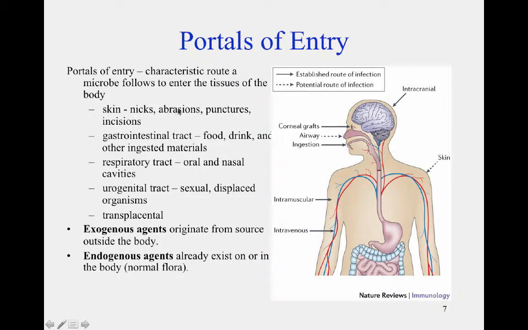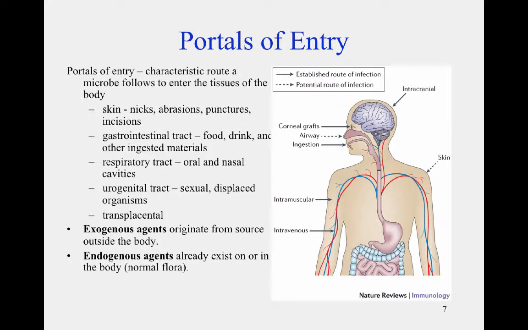So this could be through a cut, a nick, abrasion, puncture, incision. This also could be from food or drink, right, through the GI tract, or inhaling something through the respiratory tract, oral or nasal cavity. Also through the urogenital tract, so STDs or displaced organisms in the case of urinary tract infection, or transplacentally as well.